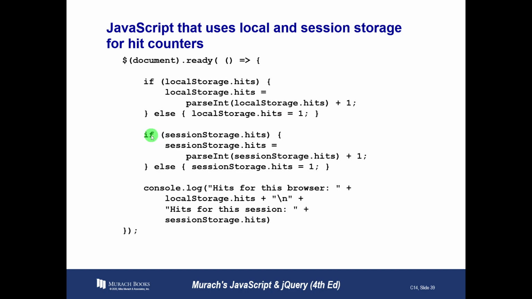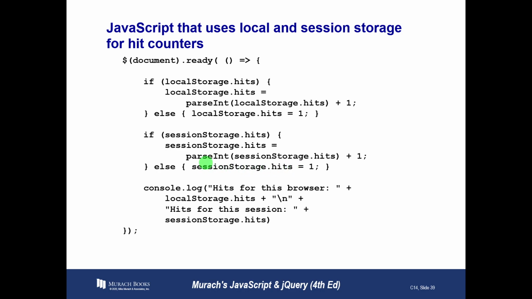Here's another one doing the exact same thing with sessionStorage.hits. So if there is already a session storage value called hits, we're going to get it, parse it as an integer, add 1 to it, and store it back in sessionStorage.hits. So we're adding 1 to our counter. If it didn't already exist, we're going to create it and set it equal to 1 from the beginning. Okay.